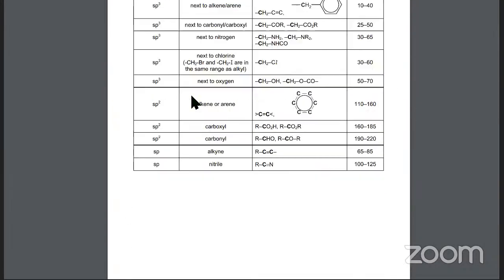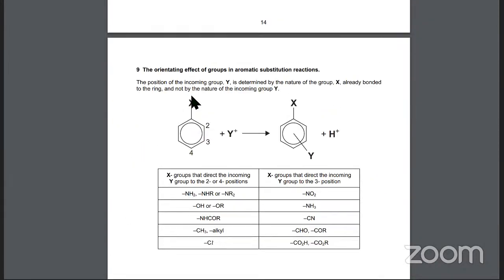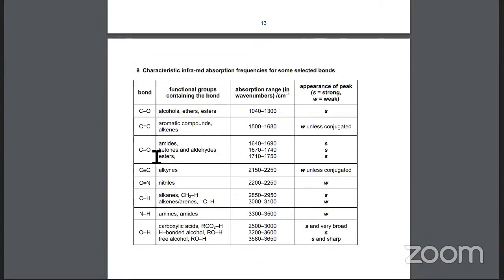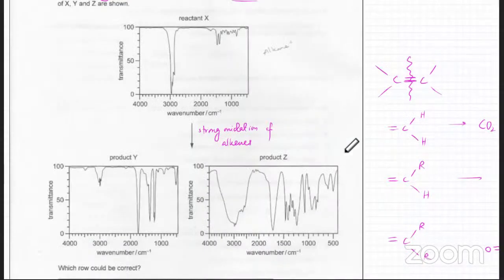This one, absorption. Bonds vibrating get absorbed at different frequencies. If it were an ester, there would be a C-double bond O, and there would be a strong absorption in the 1600 to 1700 range in amides, ketones, aldehydes, and esters. But there is no absorption there, so it's not an ester. That's one thing we can eliminate. Is this clear?